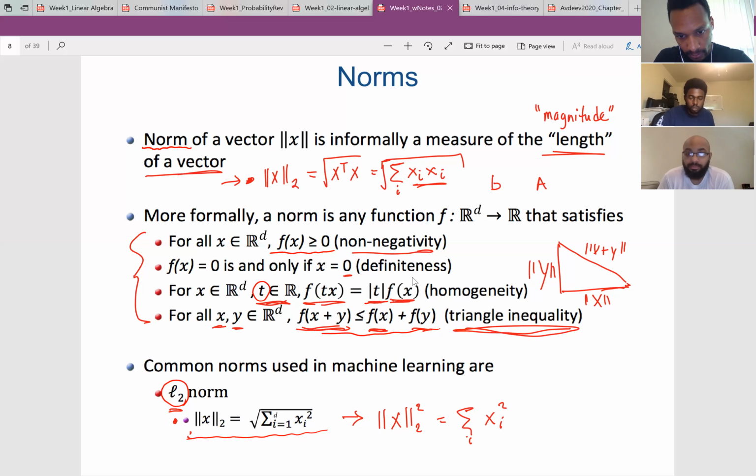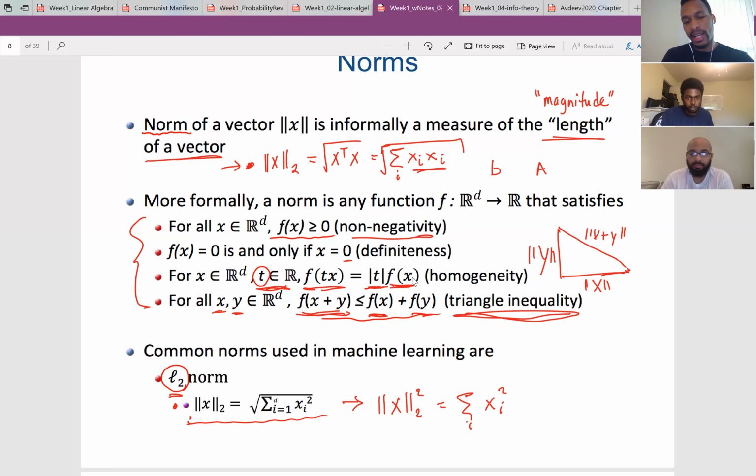And then you said that's equal to the norm squared. Well, I guess it's not equal, but another way that people do this is if they don't want to deal with the square root, this is equivalent, because you just get rid of the square root and square the norm.